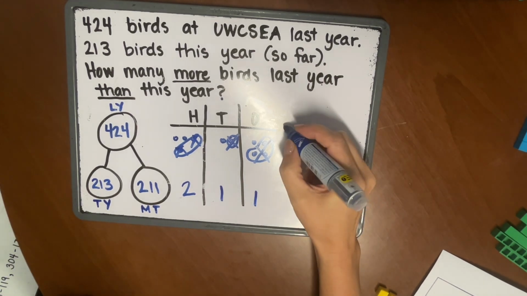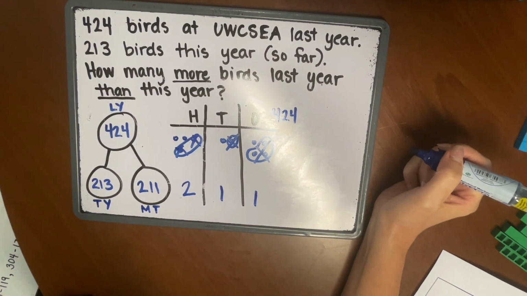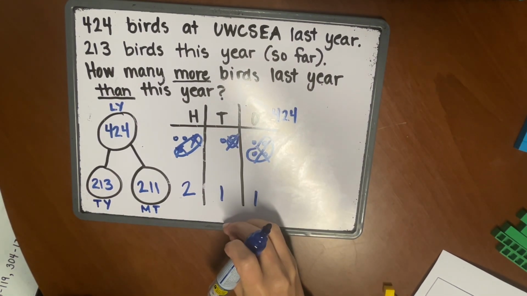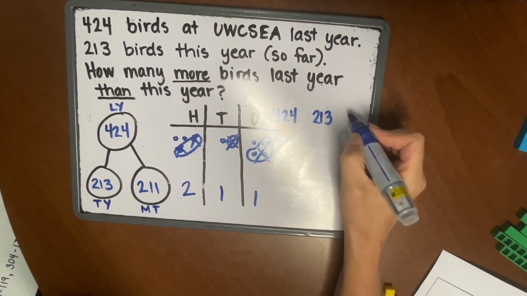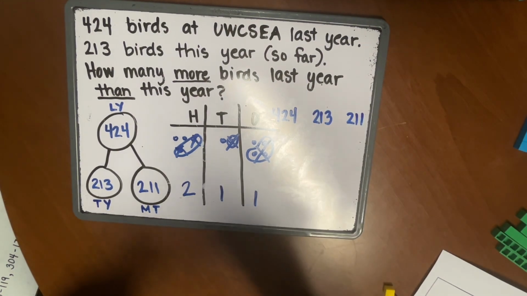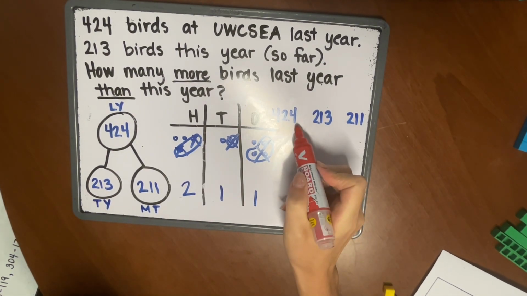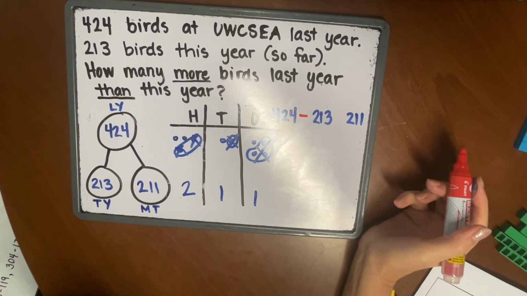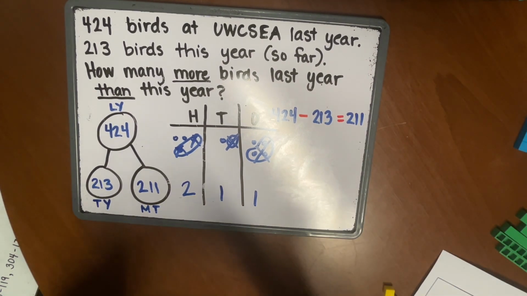Well, I know that I started with 424 birds that we saw last year. Then I took away what we've already seen this year, and I got 211. So what symbols would I use for this? Well, 424 take away 213 means I have 211 left.